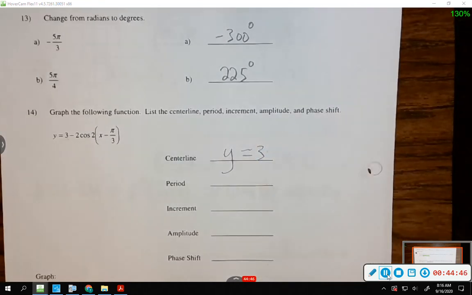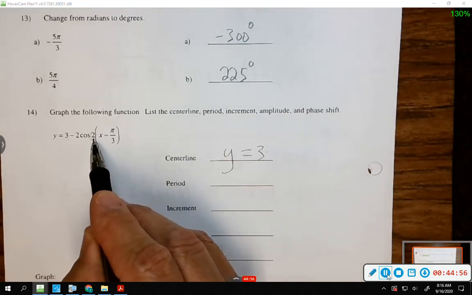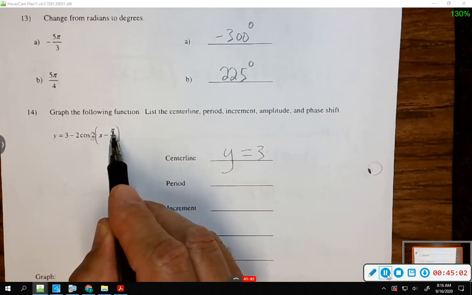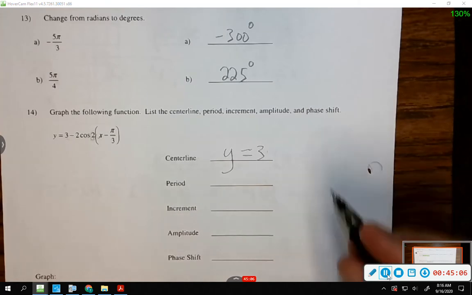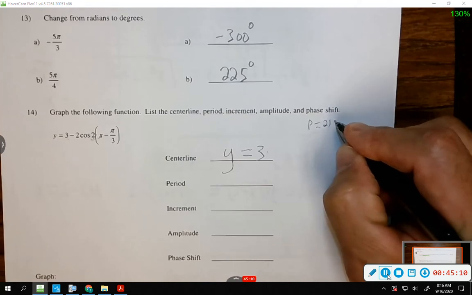Period. The standard period for sine and cosine is 2 pi. So to find the period, I have to take 2 pi divided by this coefficient right here. Sometimes it could be inside the parentheses. But if I distributed this, it would be 2 times x. It is the coefficient of x, so I call that c. So the period is going to be 2 pi over whatever that coefficient is.